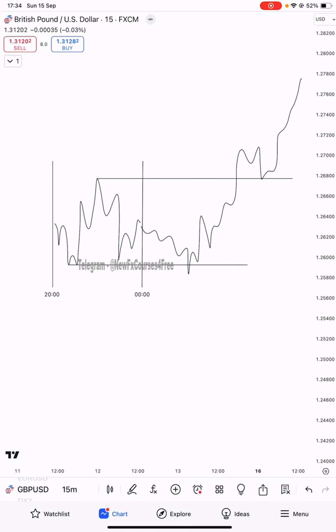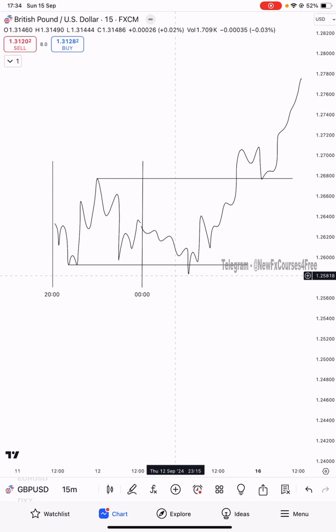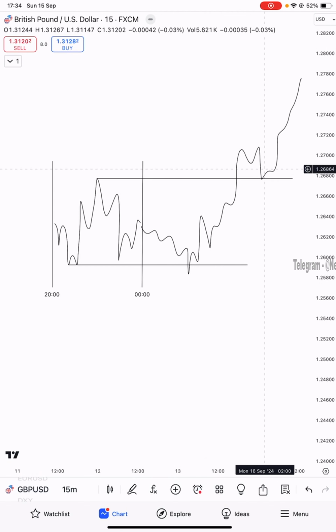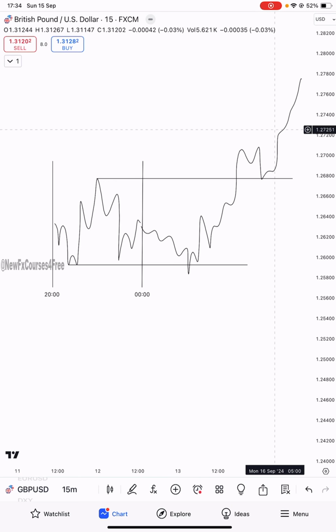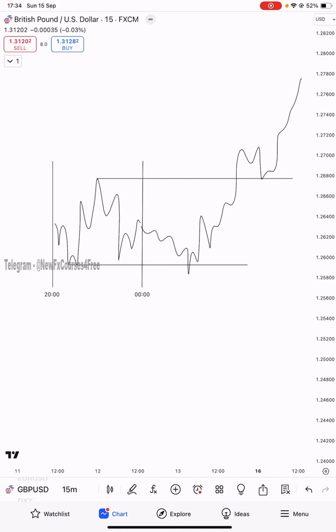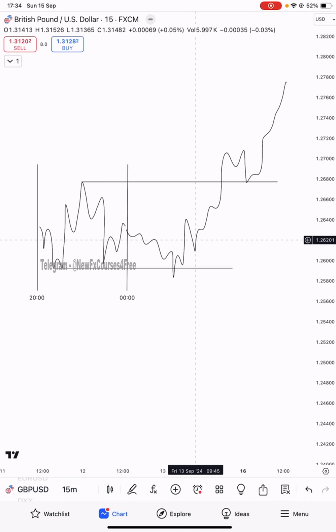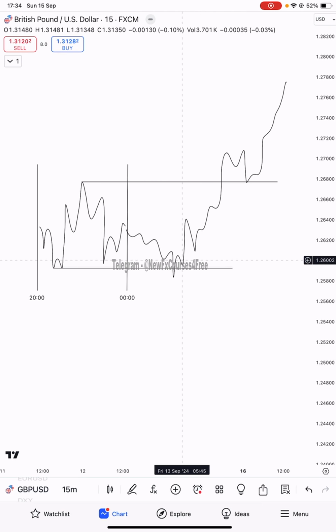And if you scroll back in my Twitter feed, you will see that on my entry on Euro, I missed the purge because I was asleep, and I came to the charts around 6 a.m. My entry was on the retest of the Asian range.